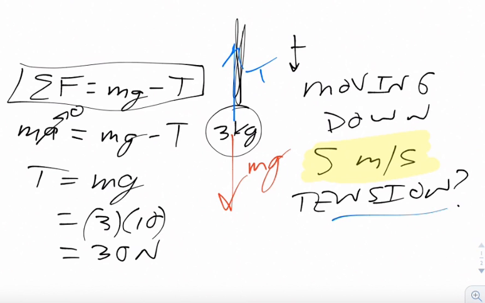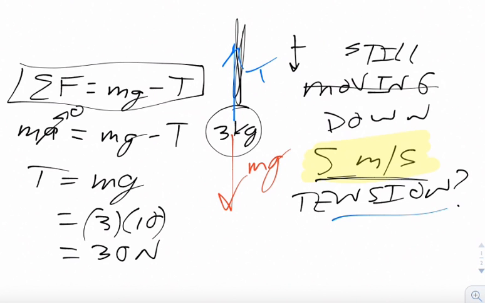And again, that is completely counterintuitive, that the tension in the rope is the exact same when it's moving down at a constant speed as if it were not moving at all and were remaining perfectly still.